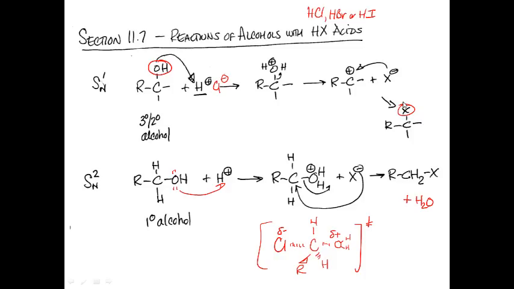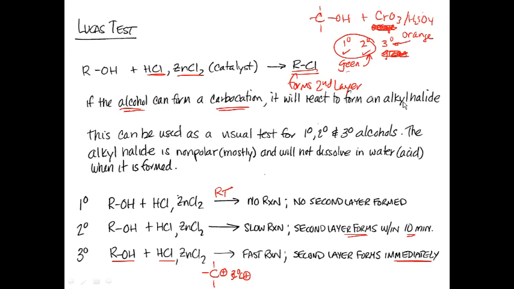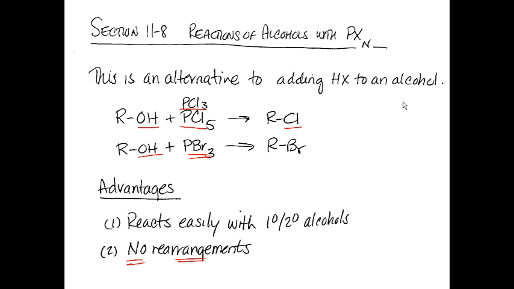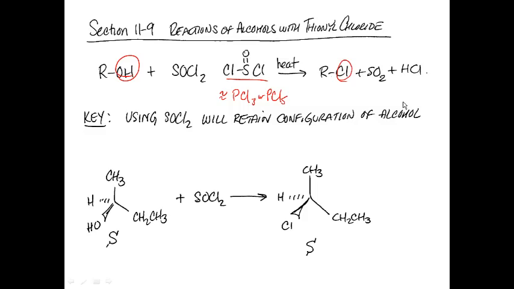HX addition we talked about last semester. It works. It has its limitations, and in order to overcome those limitations, what we really need to do is to use either PCl3, PCl5, PBr3, or SOCl2.